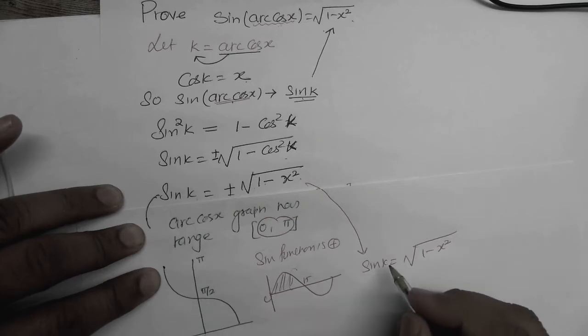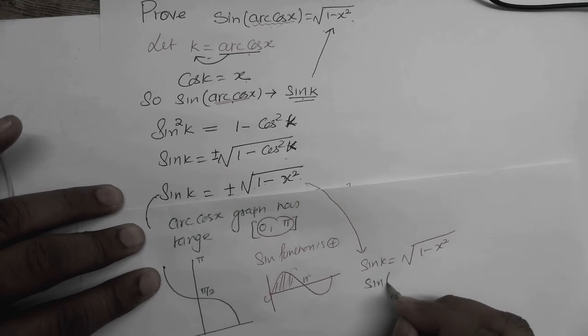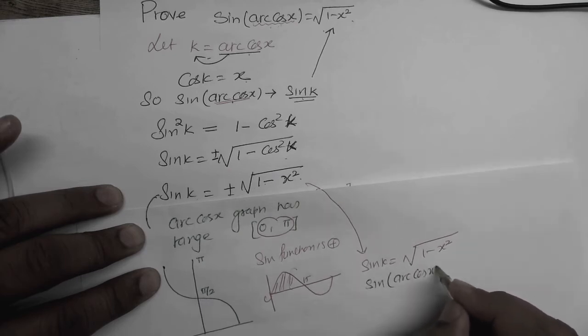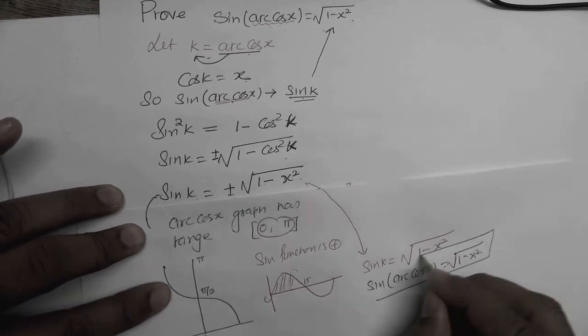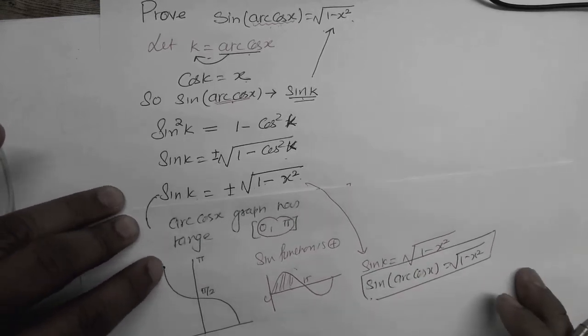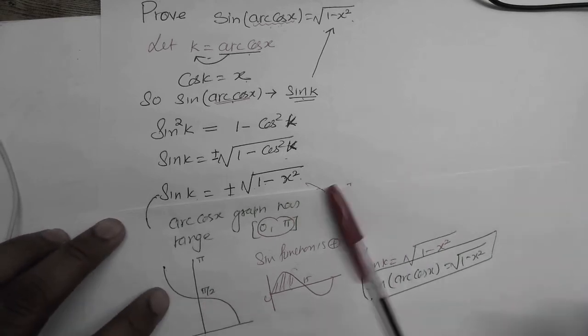That means we've just proved, because k was arc cos x, that sine of arc cos x is equal to the positive square root of 1 minus x squared. Okay, so try number 2 yourself and we will record that for you later.